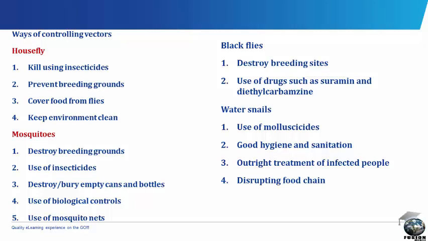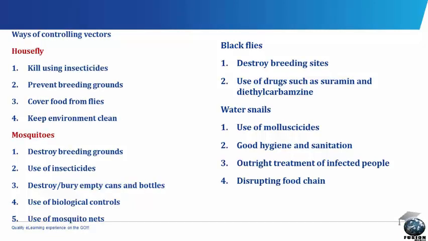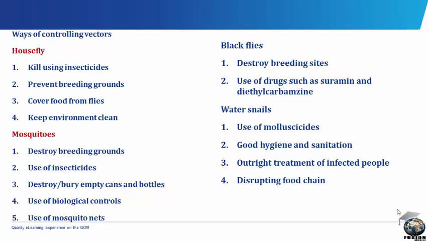The black fly. The vectors are very difficult to fight, so the only way possible is the destruction of the breeding sites. Other methods include the use of drugs such as suramin and diethylcarbamazine, with serious side effects. Water snails. In killing water snails, the use of insecticides known as molluscicides should be employed, as this affects the breeding of infective larvae.